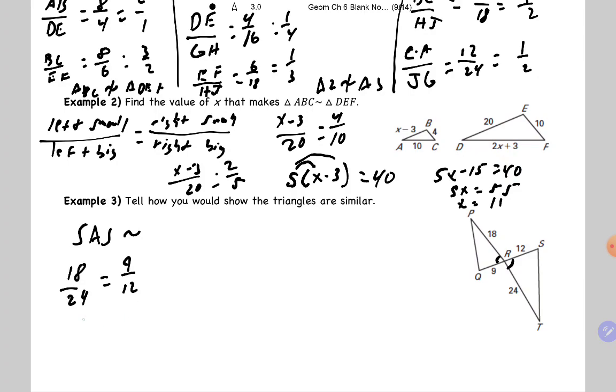Let's see if that's true. If we reduce this, this is 3 over 4, and this equals 3 over 4. That means the sides are proportional. So we have the two sides and the angle in between. Angle PRQ is congruent to angle SRT.